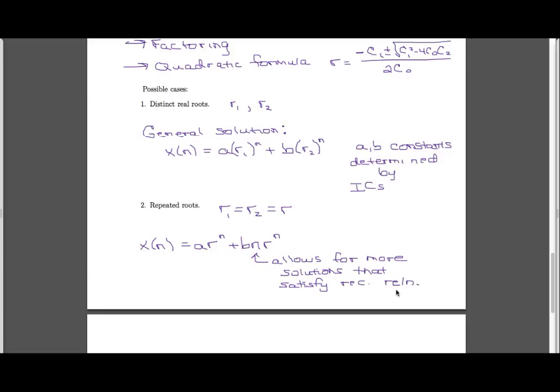Again, I don't want to go into too much detail about why that's there, but just for now, know that it works, and that's how you handle a repeated root. One of them you handle the same way as usual, and the other one you have some arbitrary constant times n times r to the n. And again, little a and little b are determined by the initial conditions.